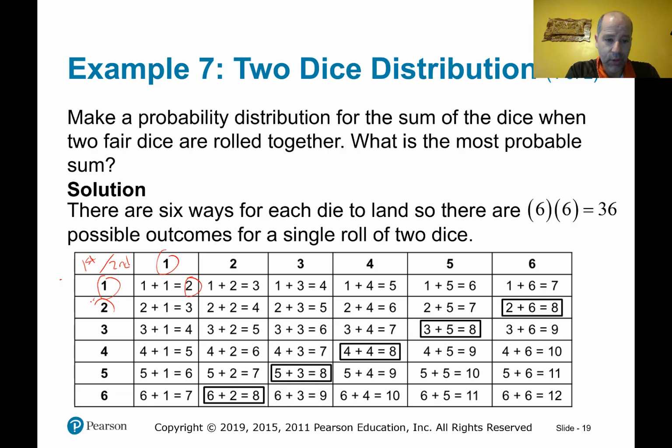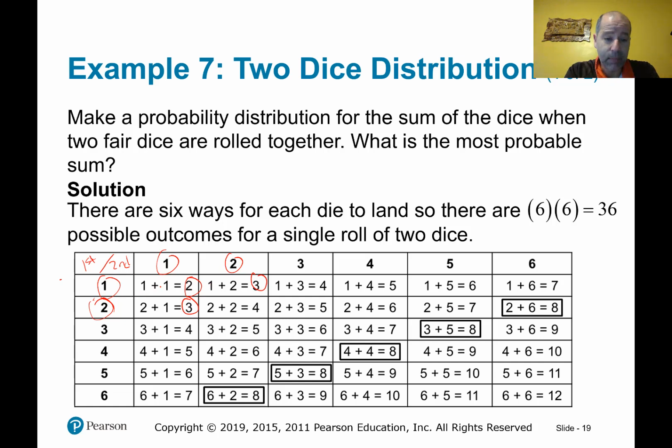If you get a 2 and a 1, that's going to add up to 3. So you can create this table of 36 possible outcomes, and you can just add up the face values of the dice and get your sum.